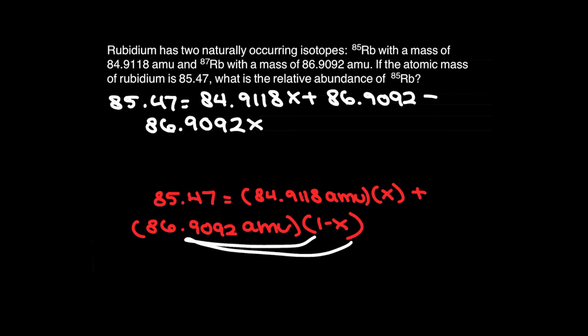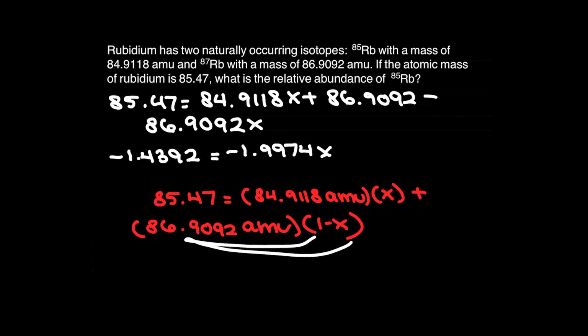so let me do this calculation real quick. In this first part we get negative 1.4392, and now we're going to combine the x terms, and we get negative 1.9974x.